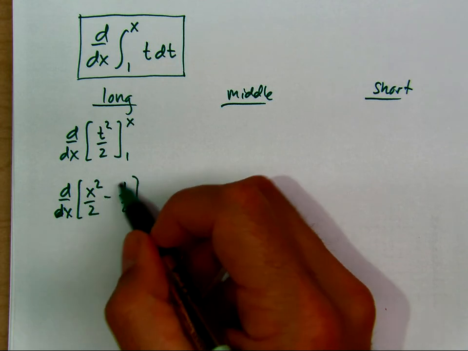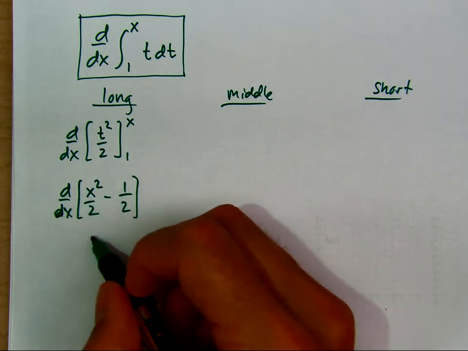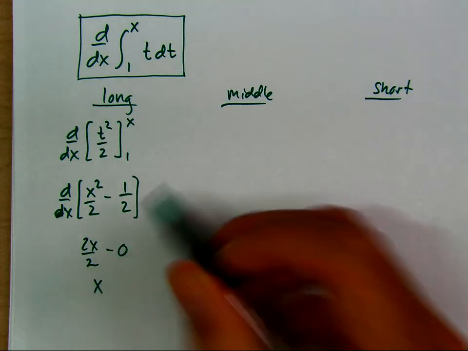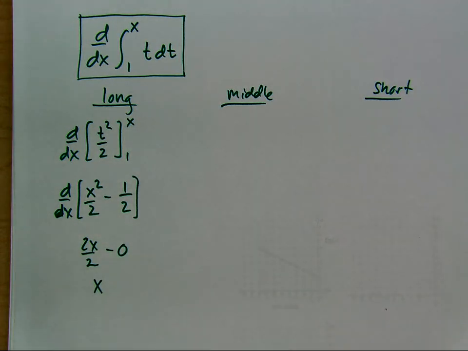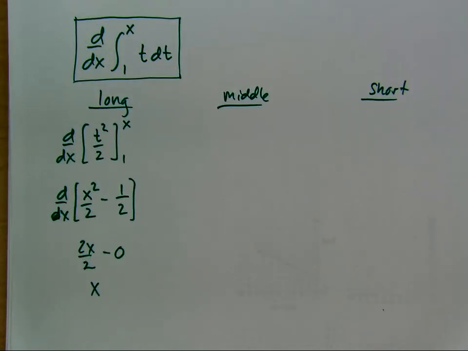Well, the derivative of this is 0, and the derivative of this is 2x over 2, and we just get x. So that's the long way.